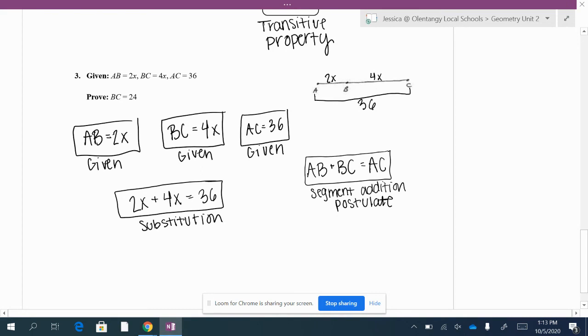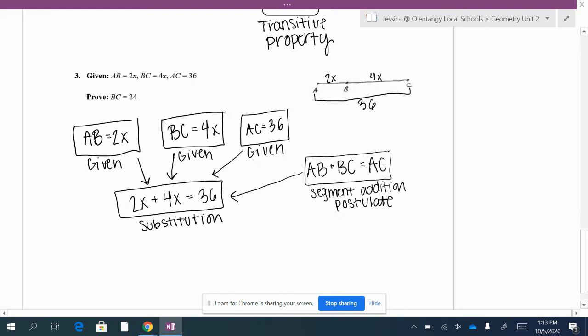Okay, and this is kind of the new part. So you should connect your different boxes. So in order to get to this statement, I used all of my givens, and I used this idea of the segment addition postulate as well.